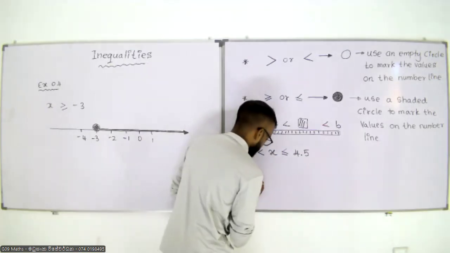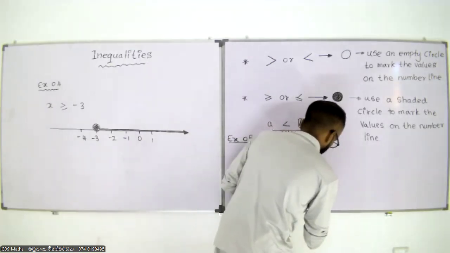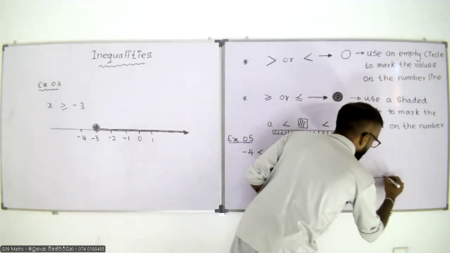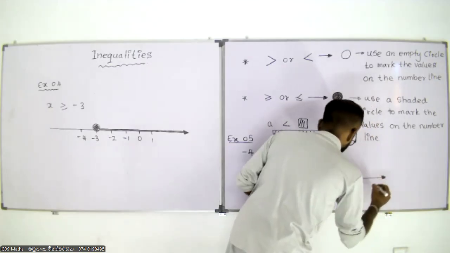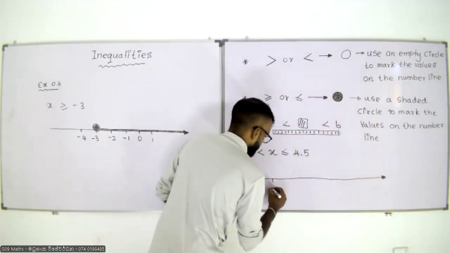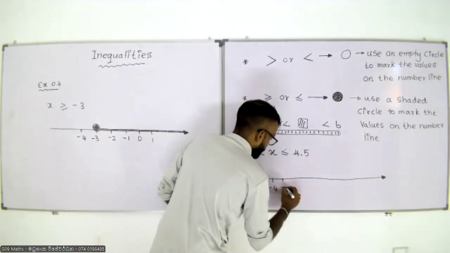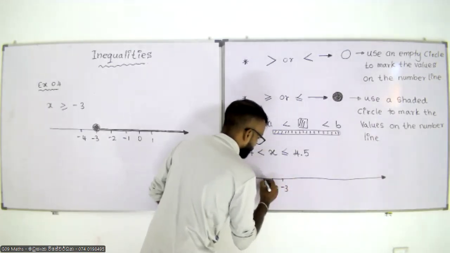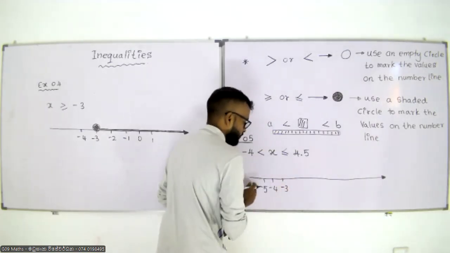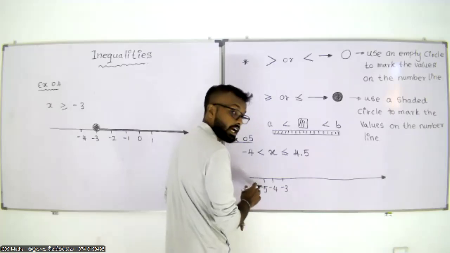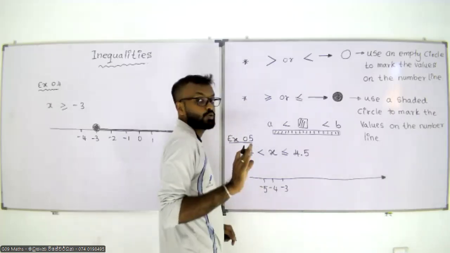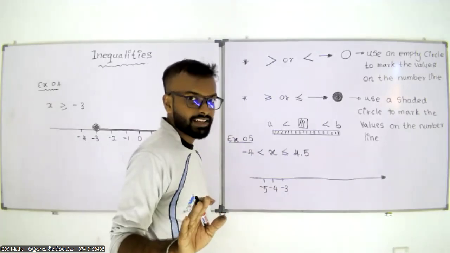So this is my number line up to infinity. This is my -4, -3, and I will take -5 as well for fairness.